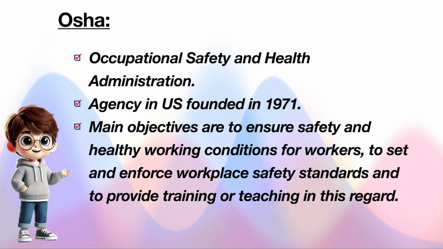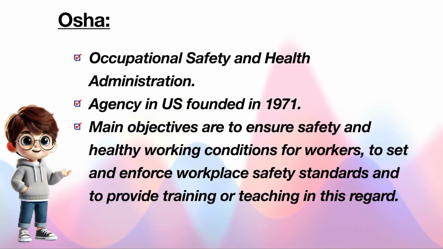At every fabrication shop and at every site work, at regular intervals they will do inspections also. This is the origin of OSHA, and there are some regulations in OSHA which affect structural steel and miscellaneous steel as well. Those regulations we'll discuss in this video further.